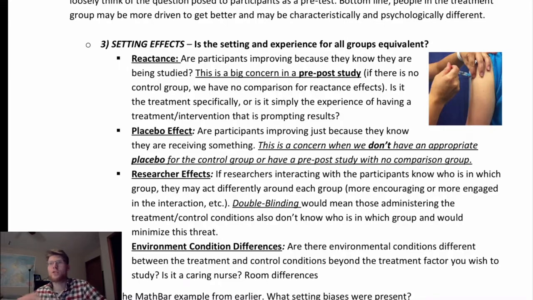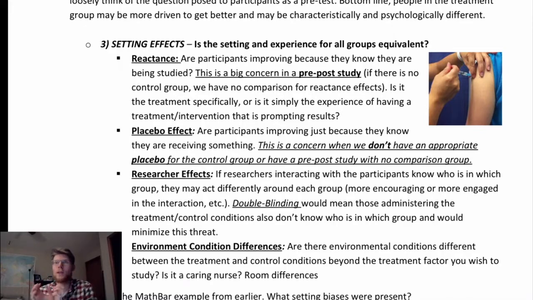In other words, they're just getting better, or they're just changing their actions because they know they're getting something, and they've been told it's a good thing, or just the act of having something done to you, whether it be an injection or a tablet or a session of some type, makes you think that you're better, or that you're different. So a placebo effect is a problem, again, if I don't have a control group that also has some type of intervention to mimic that psychological effect.